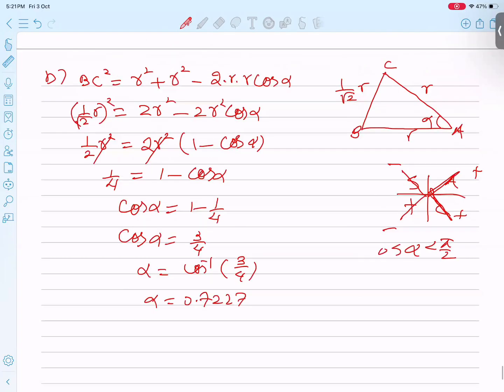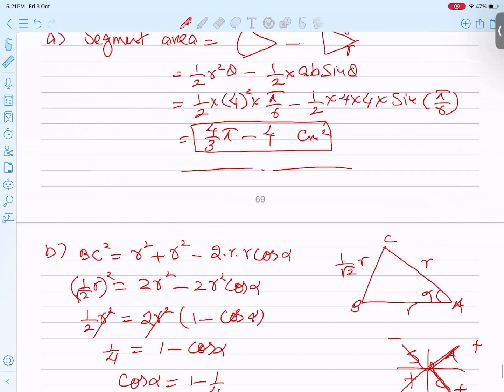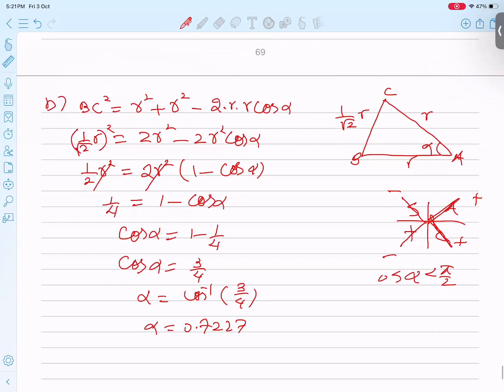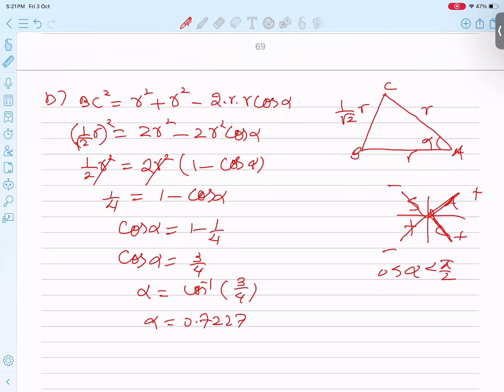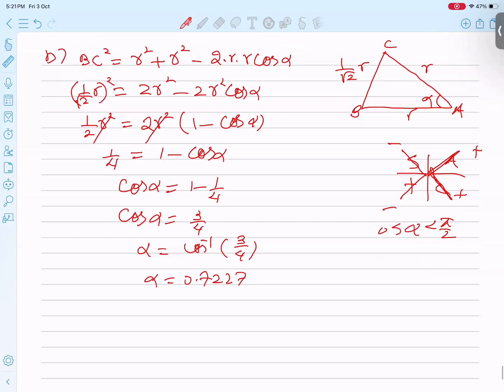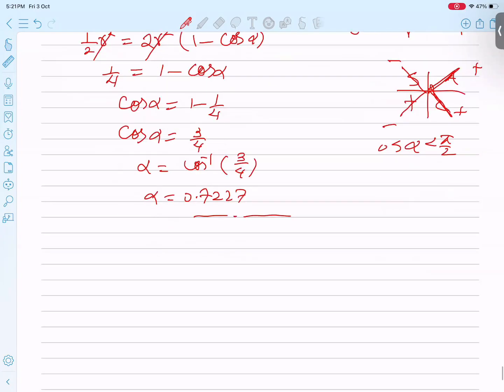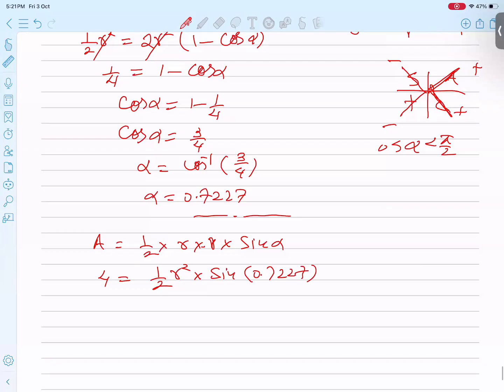Okay, we have the alpha, and we have to find the radius also. He mentioned that the area of the triangle still remains 4. So what is the area of triangle formula? Half into radius squared into sine alpha. 4 equals half R squared sine 0.7227. So I have to make R the subject.